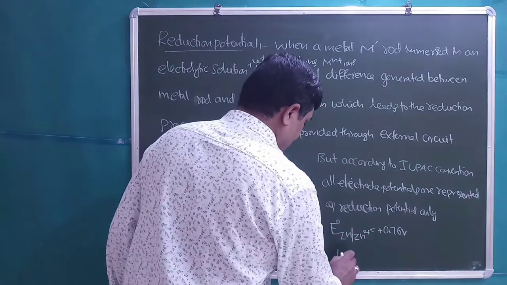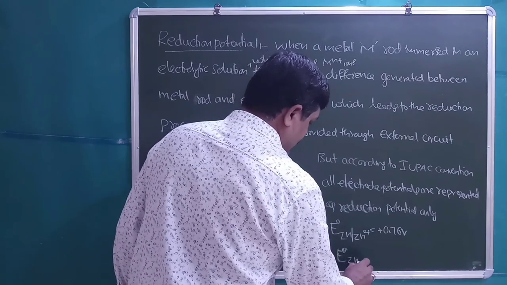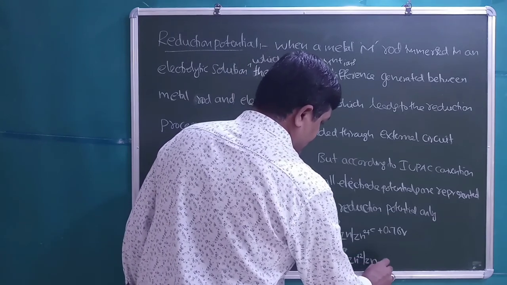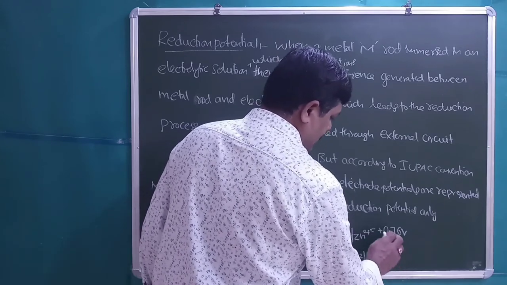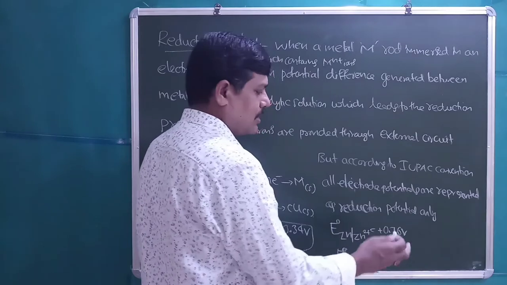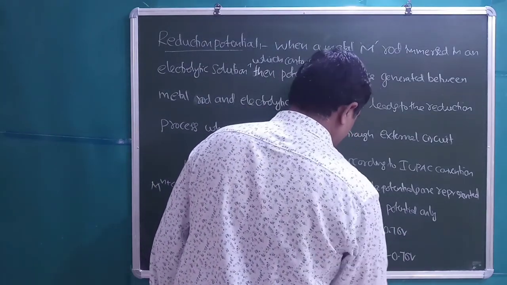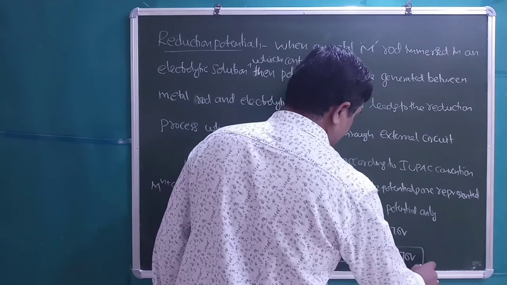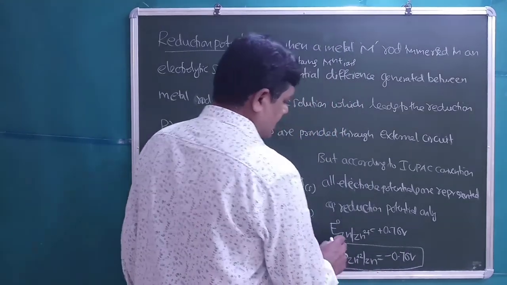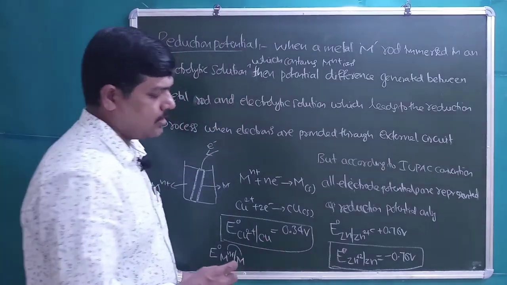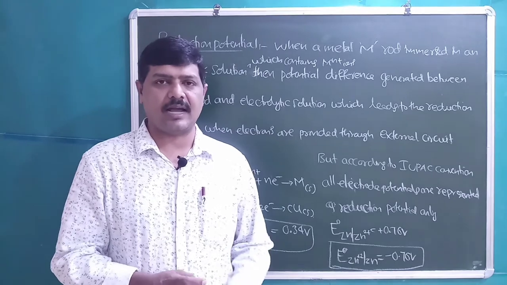So to convert into reduction potential, E naught Zn2 plus slash Zn is equal to, the sign will change, plus will become minus, minus will become plus, minus 0.76 volts, which is the standard reduction potential value for the zinc.